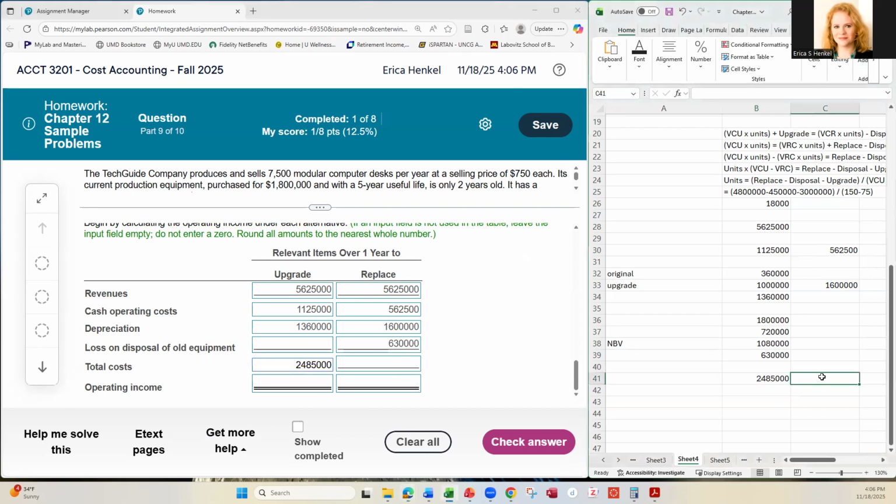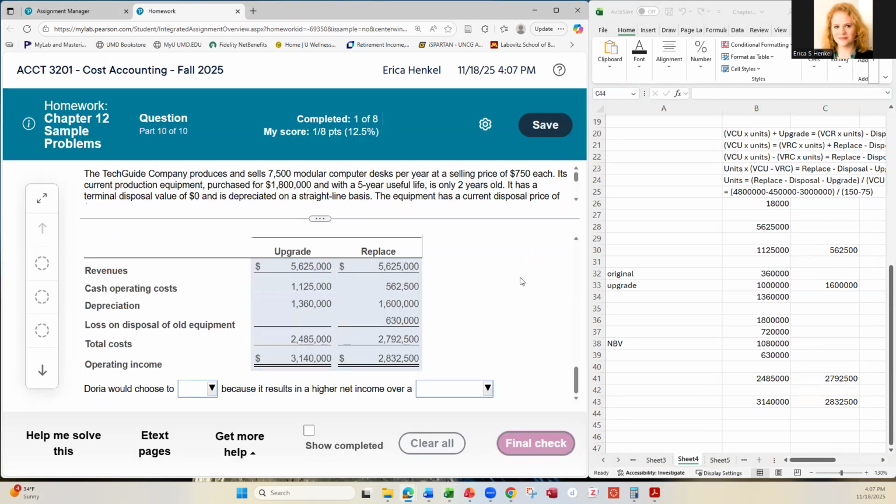And then on the other side, we've got 2,792,500, giving us a net of $3,140,000 and 2,832,500 here.